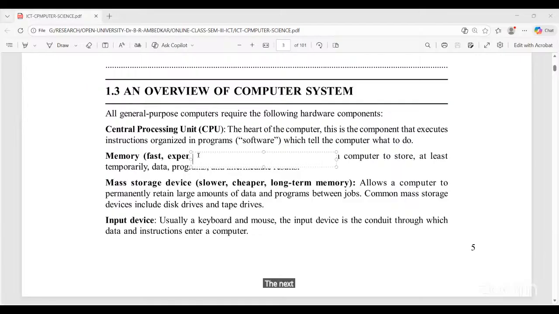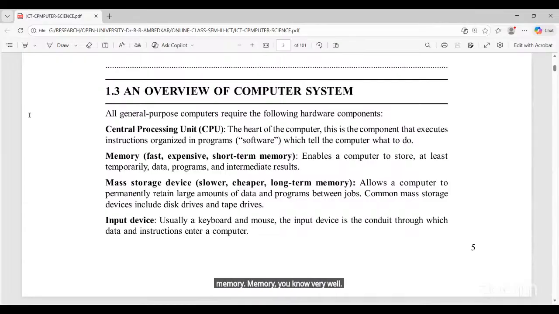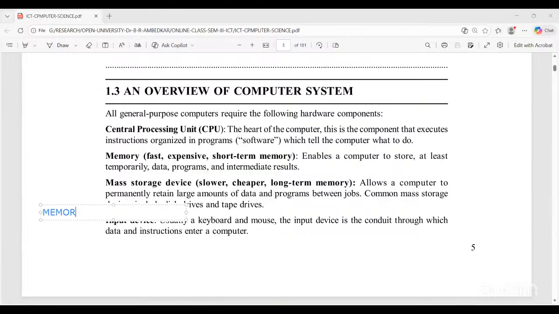The next part is memory. Memory, you know very well. In your phone also, you will have a memory, where we can store our data. That is the memory.